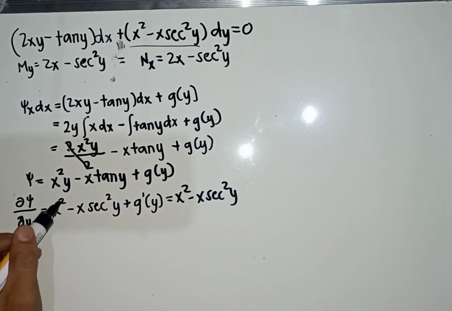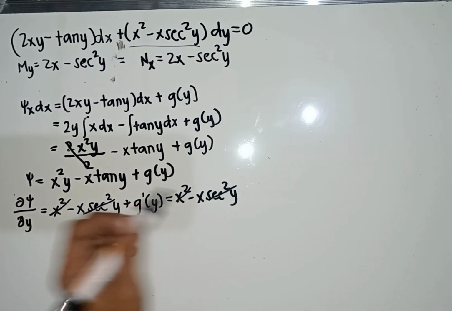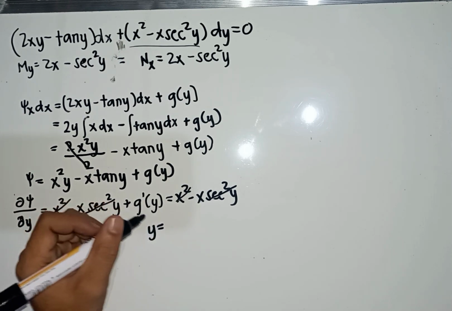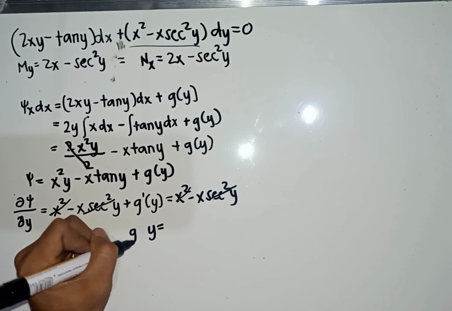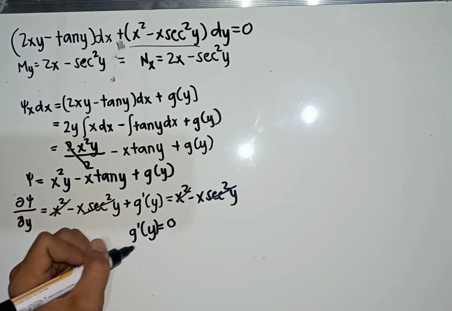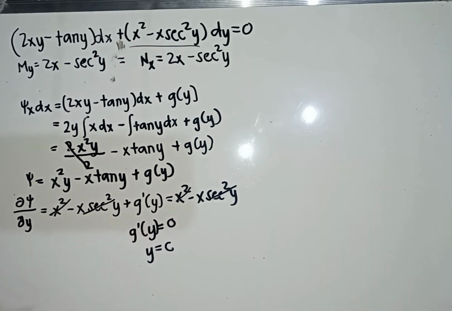So cancel, cancel, cancel, cancel, so g prime of y is equal to 0, so our g of y is equal to c.